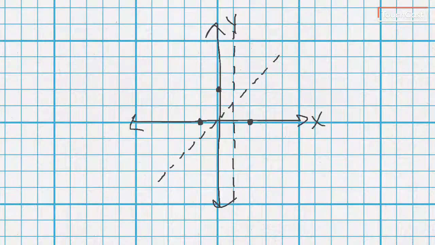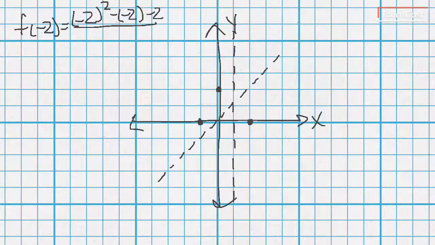So a point that's to the left of my x-intercept, we could go and find f of, I don't know, negative 2. So let's take our original equation: negative 2 squared minus negative 2 minus 2 over negative 2 minus 1. Well, negative 2 squared, that's 4.